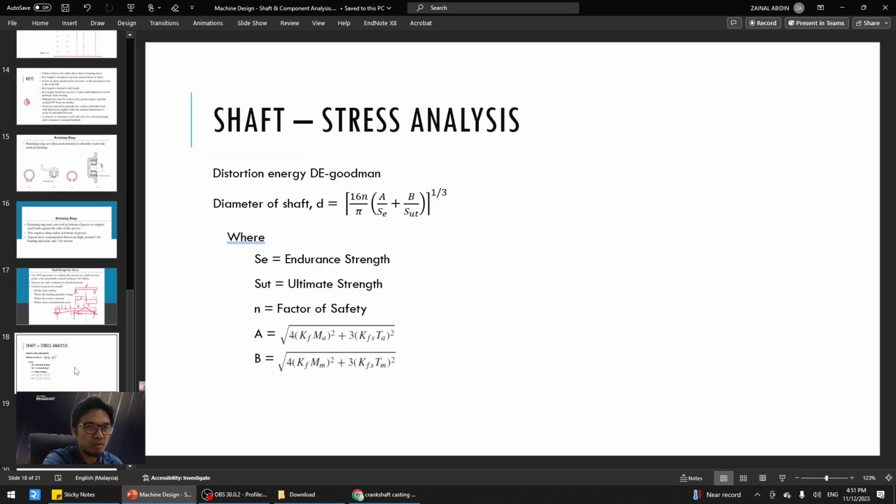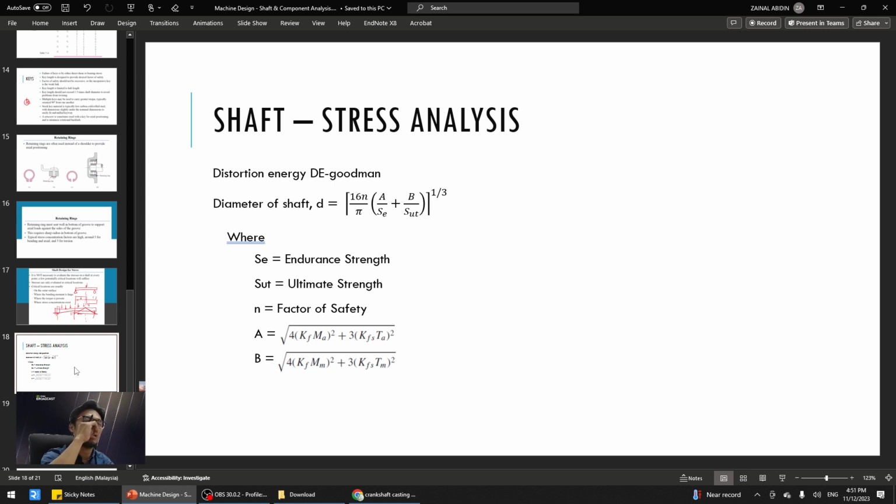In shaft stress analysis, untuk decide you punya diameter of shaft, selalunya dia akan ada 4 ataupun 5 formula yang you kena remember lah.